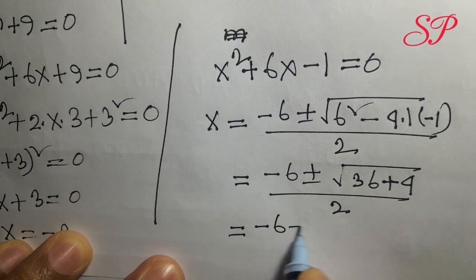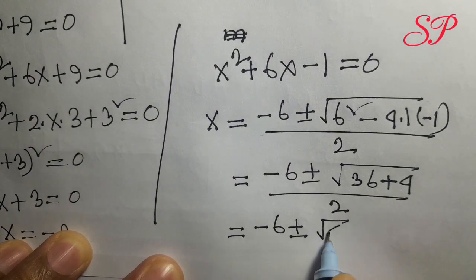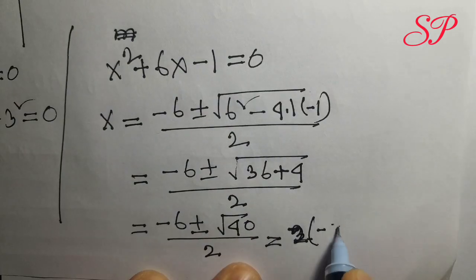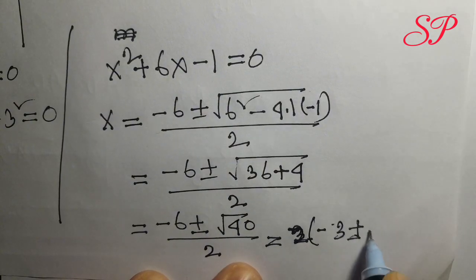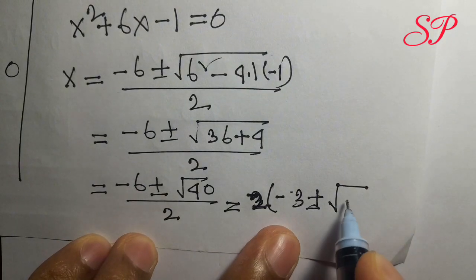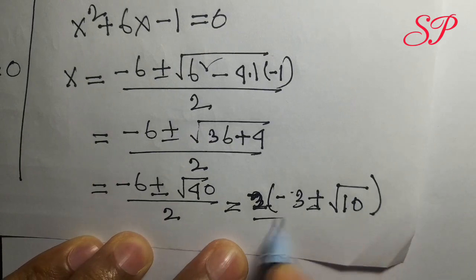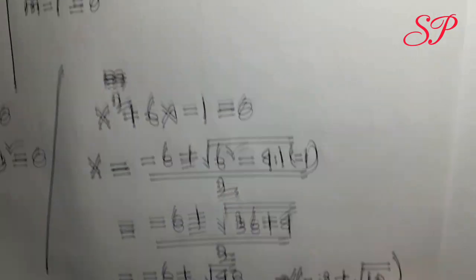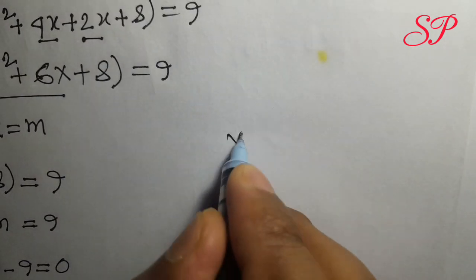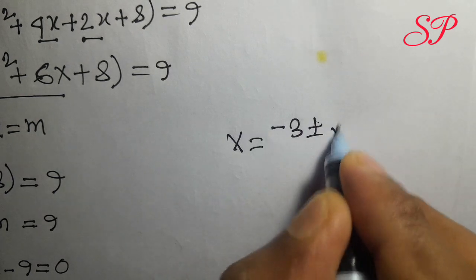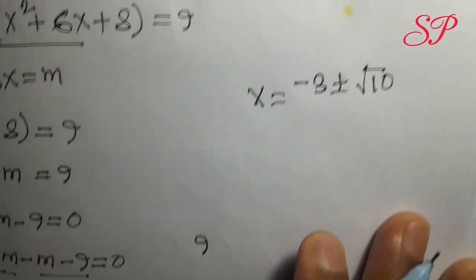Then we can write minus 6 plus or minus root over 40 by 2. 2 is common, so minus 3 plus or minus root 10 by 2, and 2 and 2 cancel. So we can write x is equal to minus 3 plus or minus root 10.